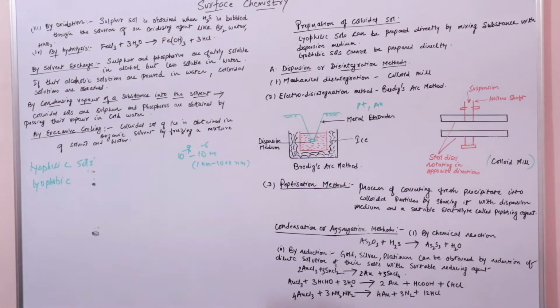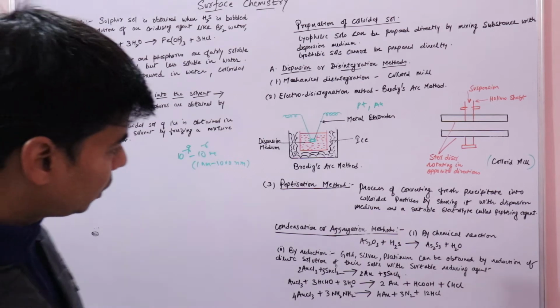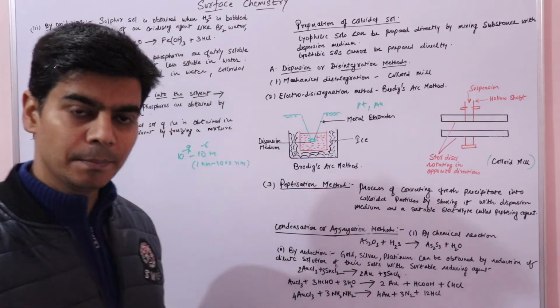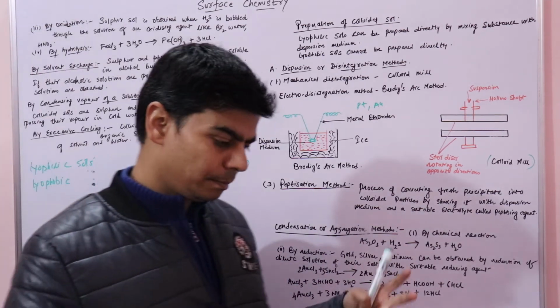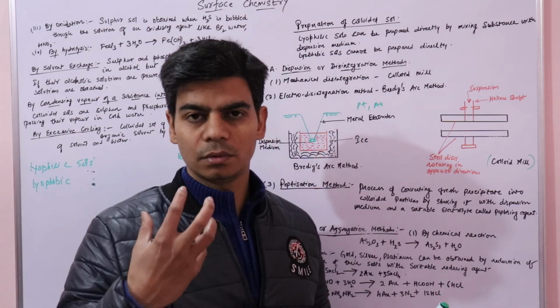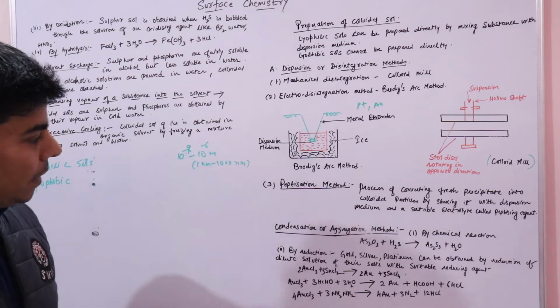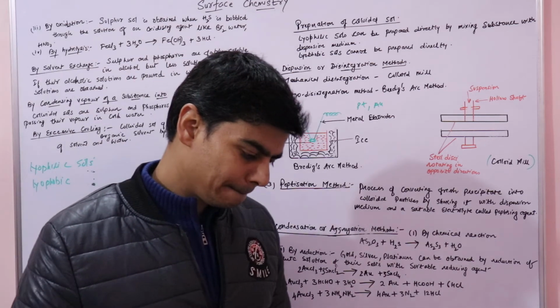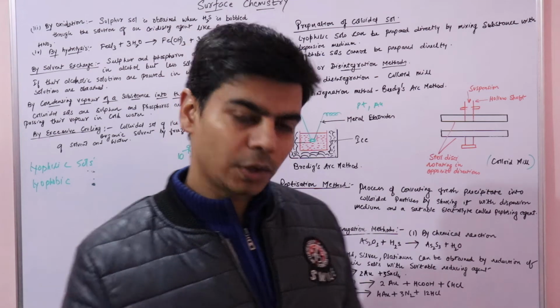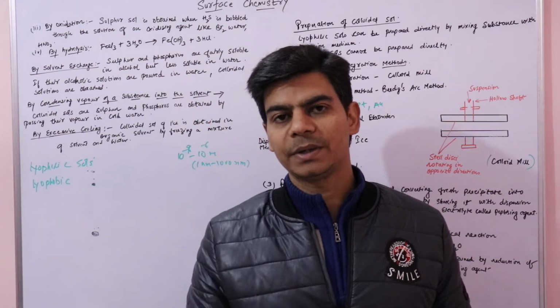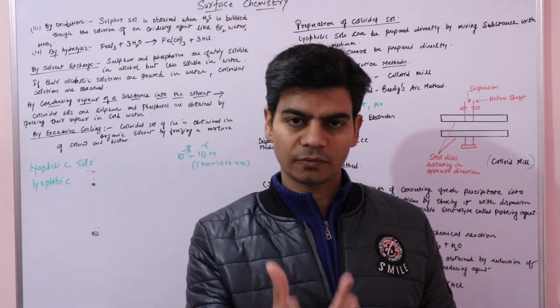That will again disintegrate bigger particles into smaller ones using this mechanical way, or the machine. Then we have another important way wherein we can prepare particles of colloidal size. This is your peptization method, right? In the peptization method, generally what we do is we take freshly prepared precipitate. We know that precipitate is of bigger size.